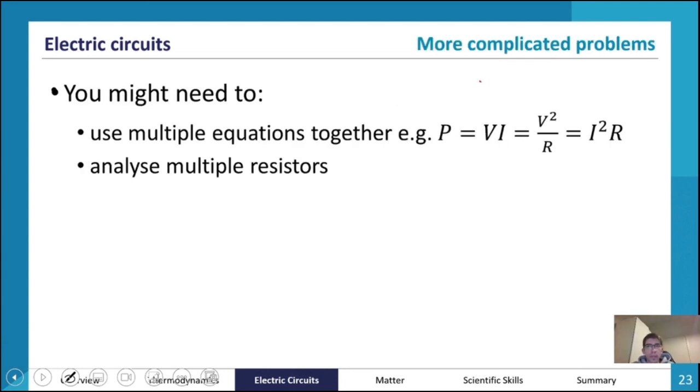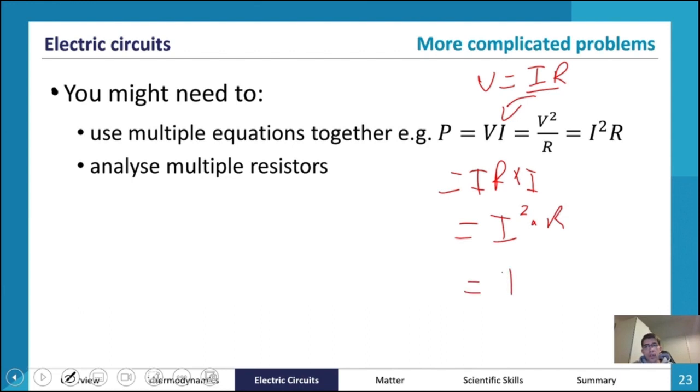For example, given that we know that V is equal to IR, if you input that in here, that is equal to IR multiplied by I, which is I squared R. You can do the opposite.